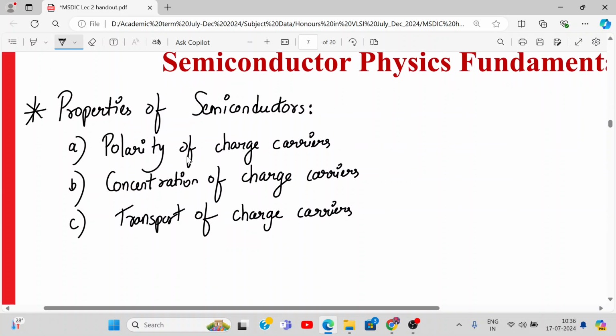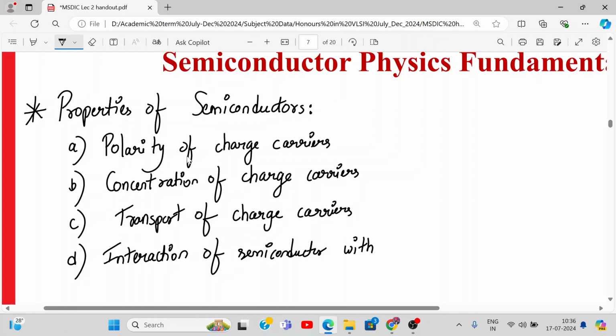And then the next one will be interaction of semiconductor devices with electromagnetic field, I am citing short form EM field.